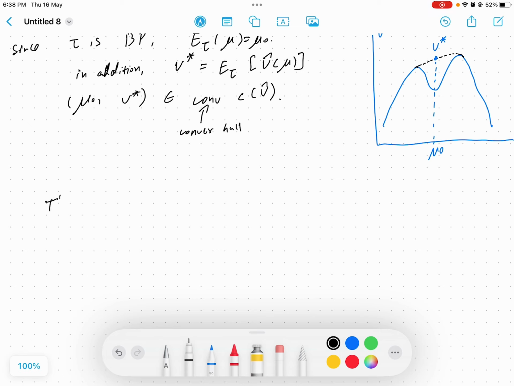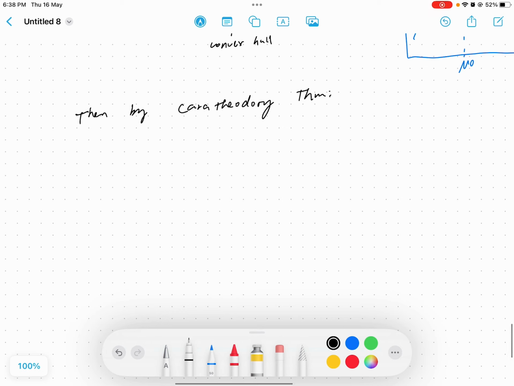Okay, then by the Kamenica theorem, simply it's saying that we can use a number of points, with the number being the dimension of that set plus 1, to write any point in this convex hull as a convex combination of those points.